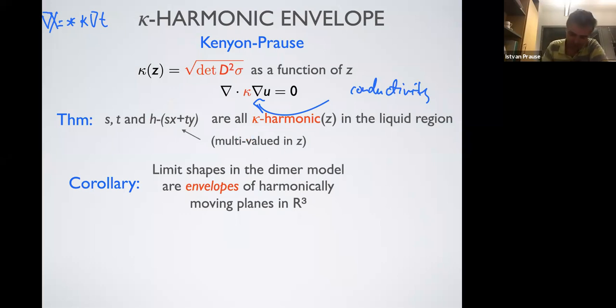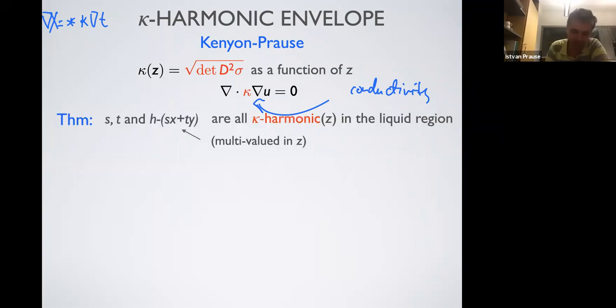But now let's see what this theorem means geometrically. Recall that ST was the slope term, the gradient of the height function. So we have a point xy in the plane. Above that, we have the limit shape at a certain height. There is a tangent plane to this limit surface, and ST gives the slope of this plane.